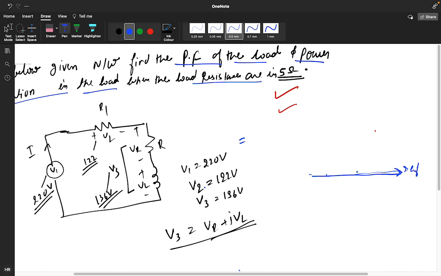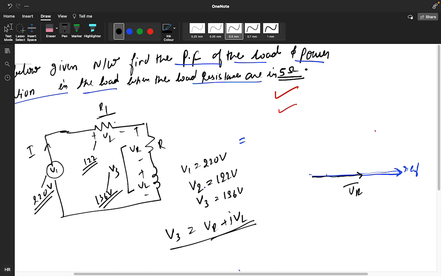If you go with the phasor form, where will VR come? VR is the resistance part, with respect to the reference only. So VR will come here. And where will V2 come?